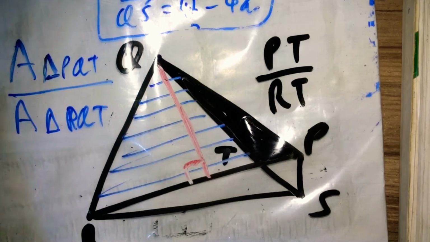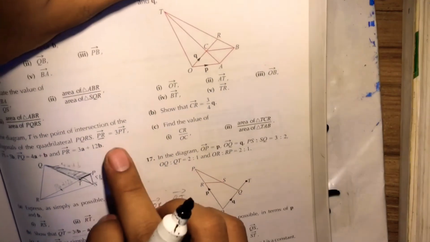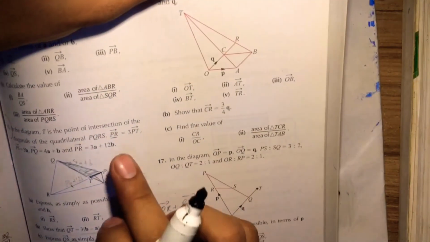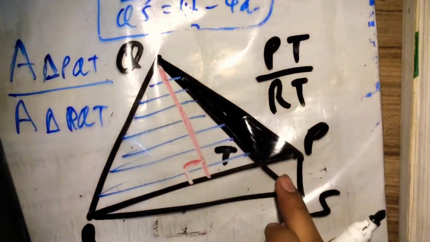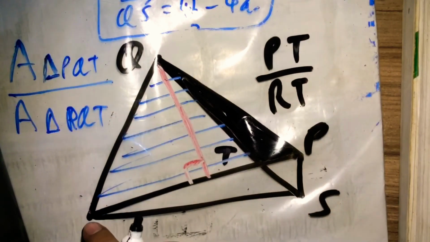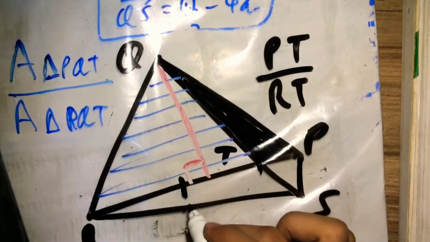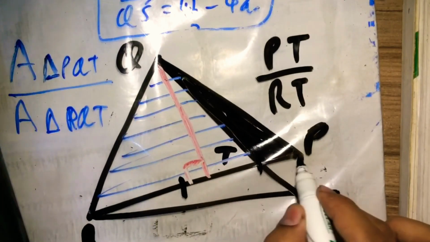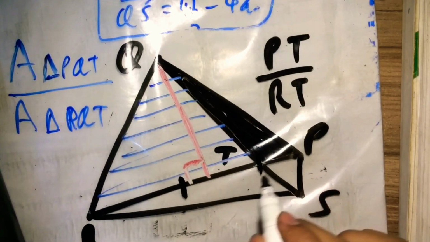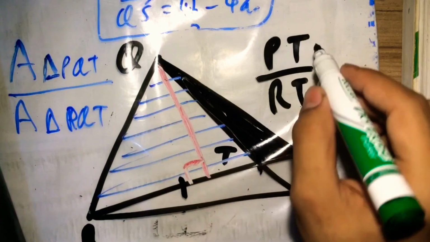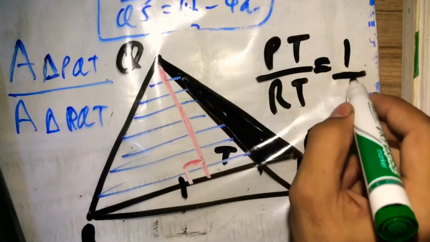The question said that PR, which is this, is equal to 3 times PT. So it means that there are 3 units, and these are equal. This means that this is 1 and this is 2. So the answer will be 1 upon 2.